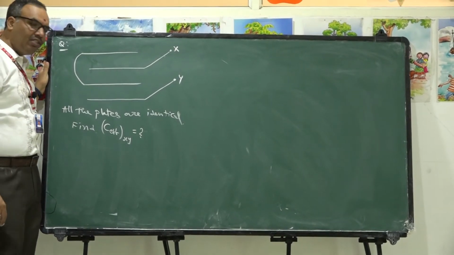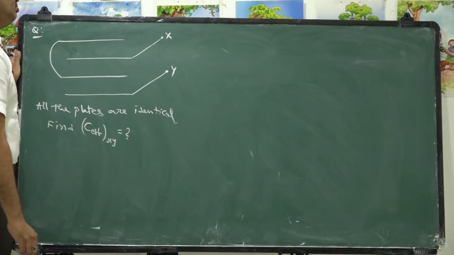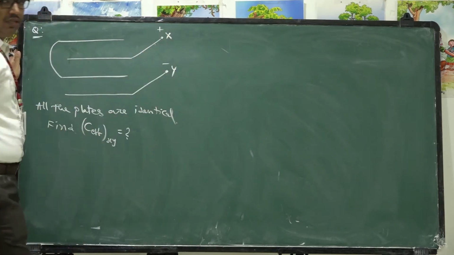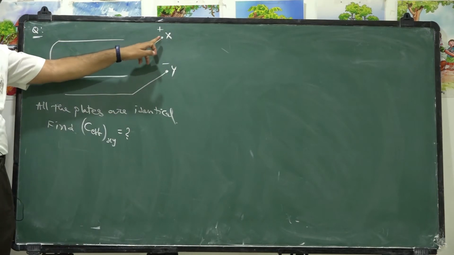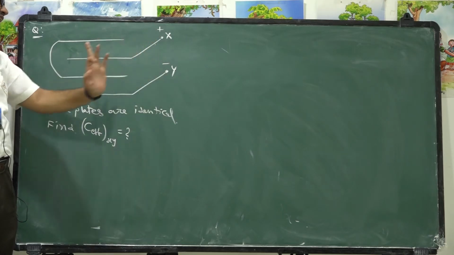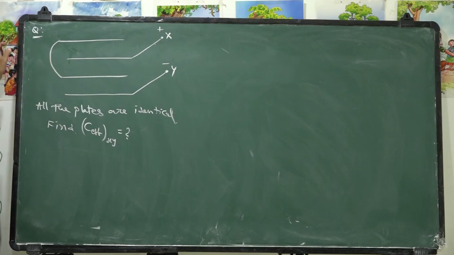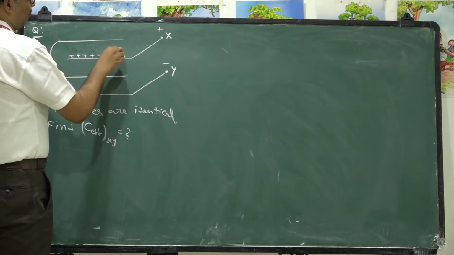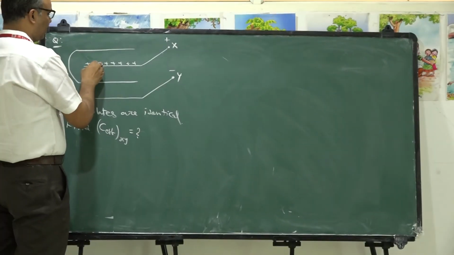Generally, capacitor means one terminal should be given positive charge, another terminal should be given negative charge. If I attach positive terminal of the battery to X, negative terminal of the battery to Y, what will happen? The same positive charge will come onto this plate, onto both sides.